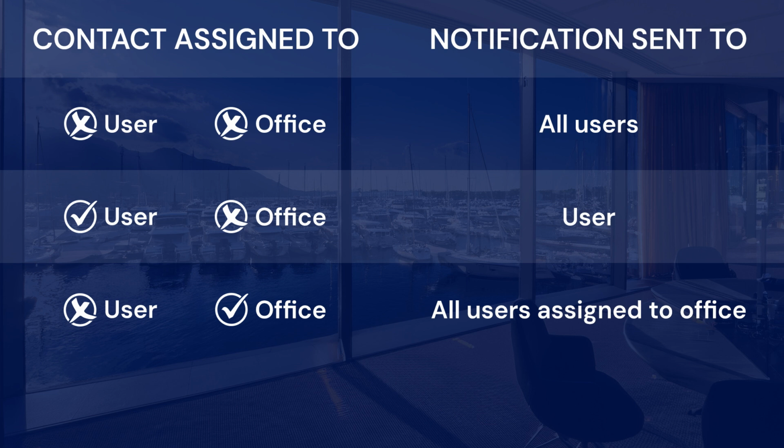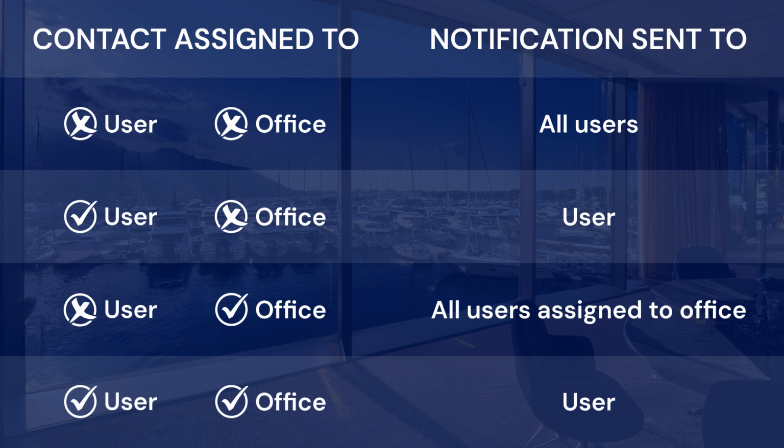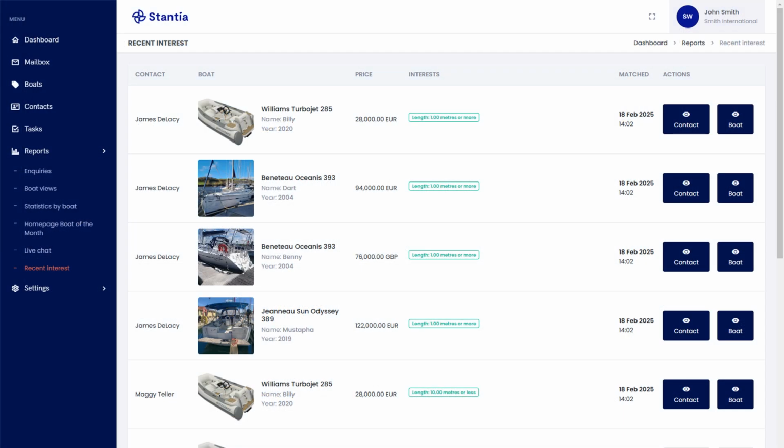And if the contact is assigned to both a user and an office, just the assigned user will be notified. The user who performs the match will not be notified because they'll already have seen the match happen on the Interests tab of the contact. You can configure whether or not you receive these email notifications from the Profile Settings page.